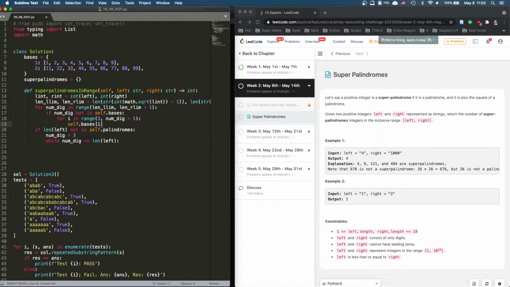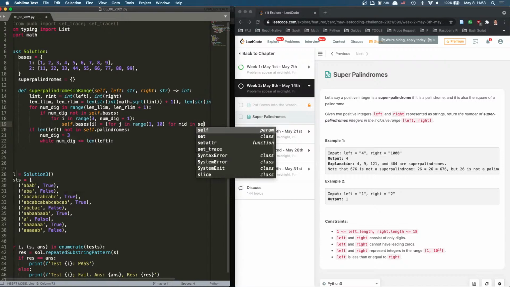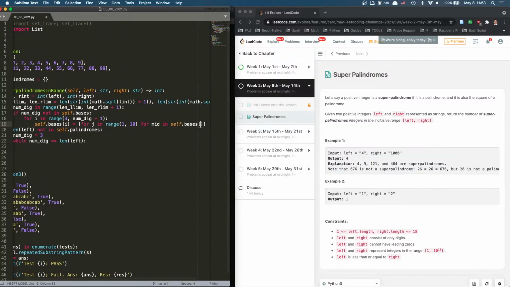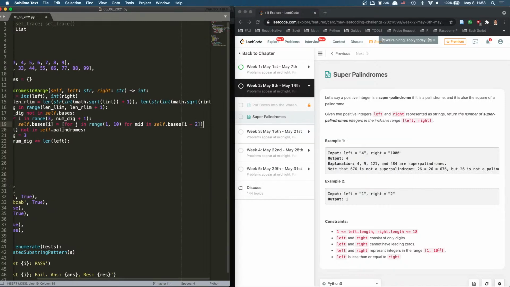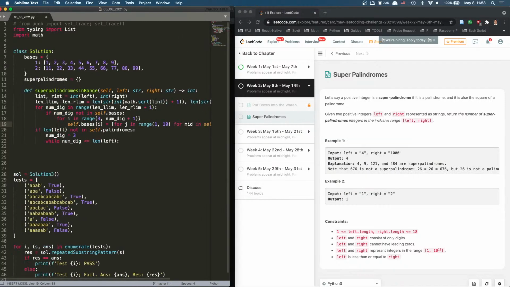So self.basis i is going to equal a list, which is for j in range 1 to 10, for the middle part in self.basis i minus 2.